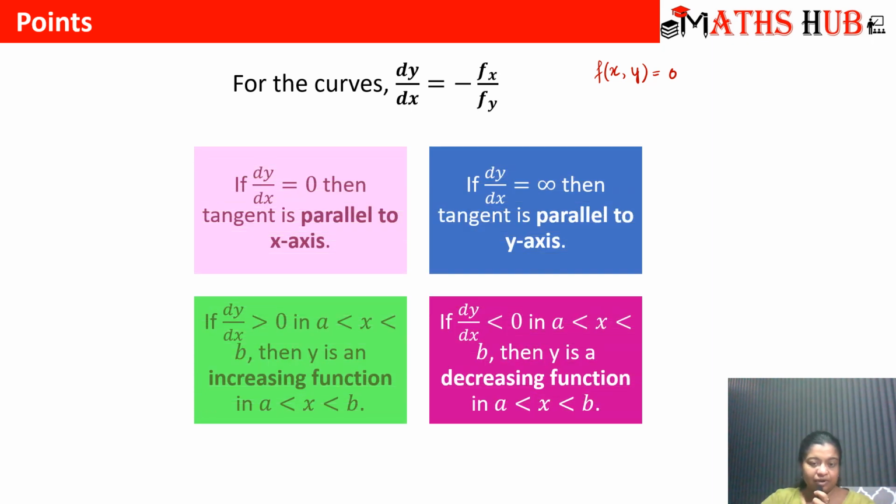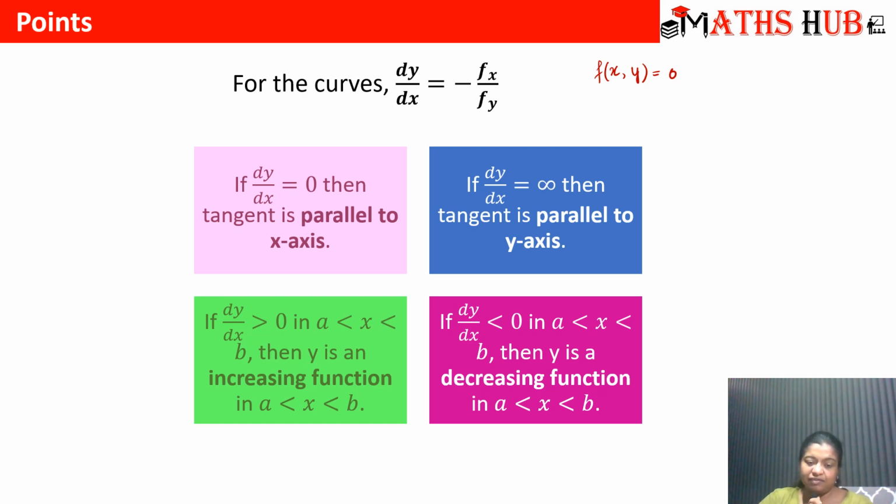Depending upon the value of dy by dx, if dy by dx is equal to 0, then whatever equation we get will be a tangent parallel to the x-axis. Similarly, if I put dy by dx equal to infinity, then we get a tangent parallel to the y-axis.